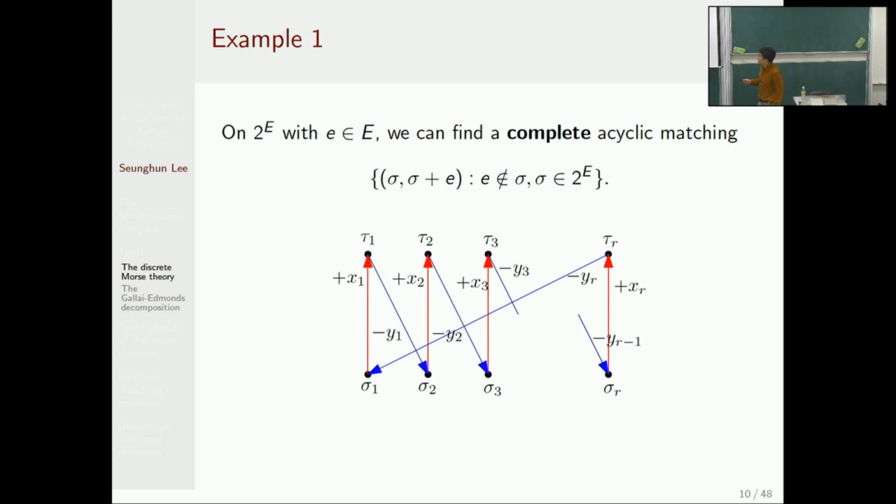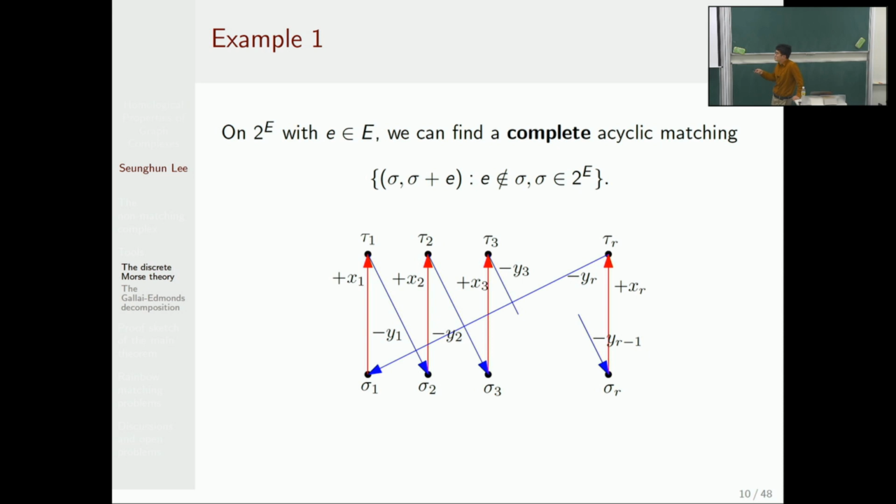For example, this directed cycle can be described by the added element from sigma 1 to tau 1, and the deleted element from tau 1 to sigma 2. If we follow this directed cycle, if x1 is added, for example, k times, then x1 should be removed k times.